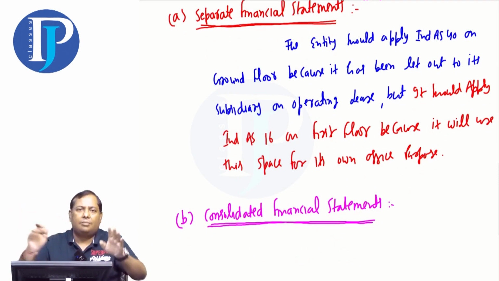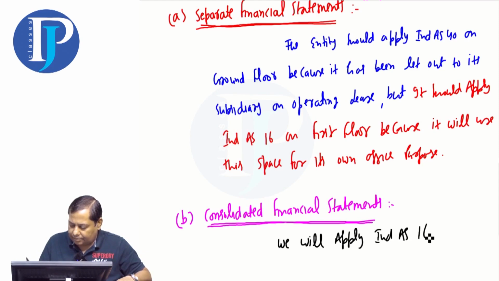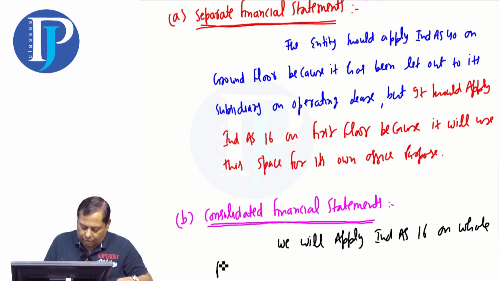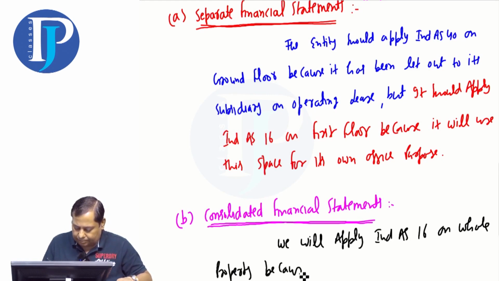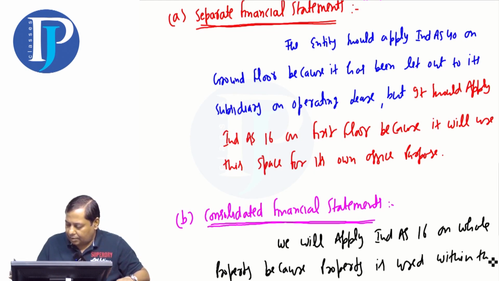This wasn't given to a third party. We will apply Ind AS 16 on the whole property because the property is used within the group.